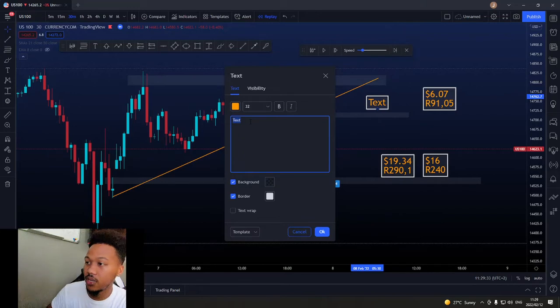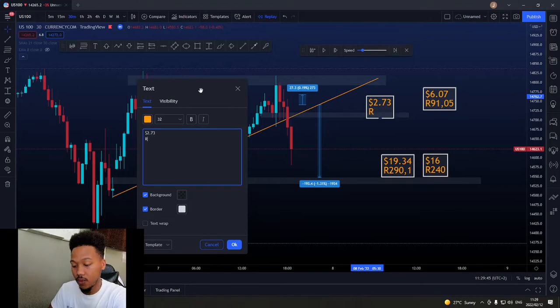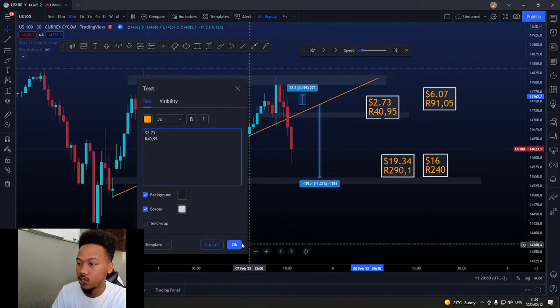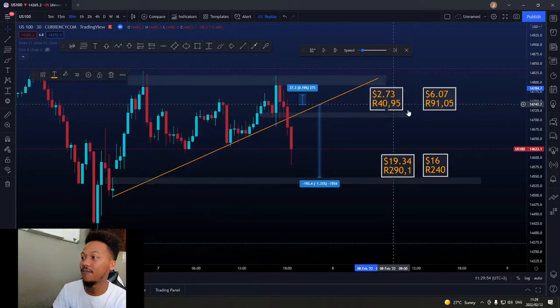Let's accommodate for the dollar account first. So we will be having $2.73, and in ZAR we would now have 42.95 ZAR.